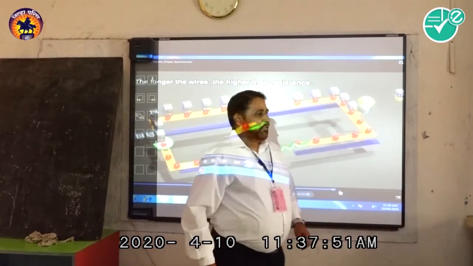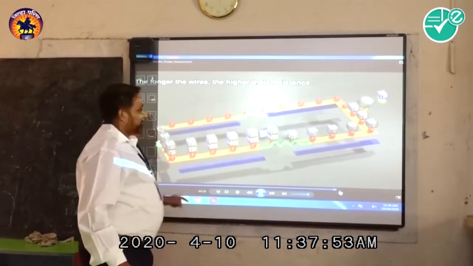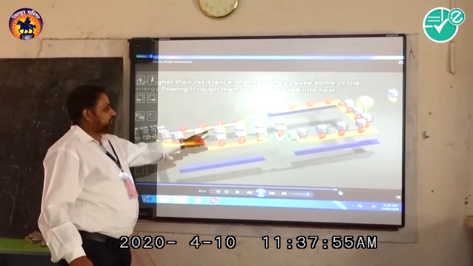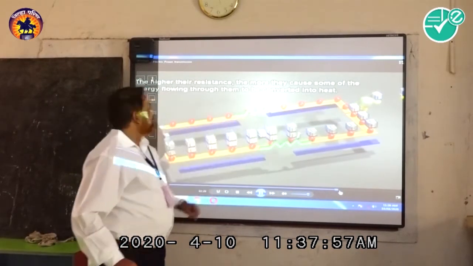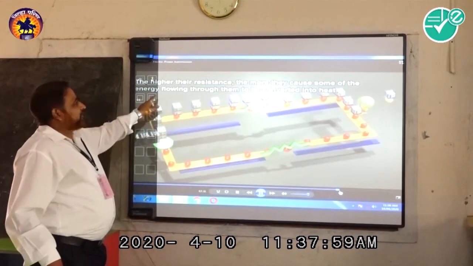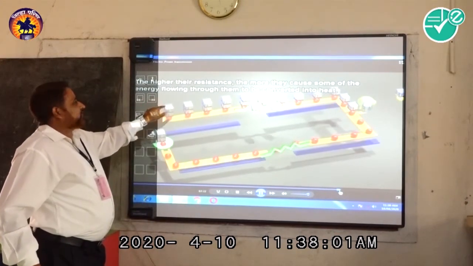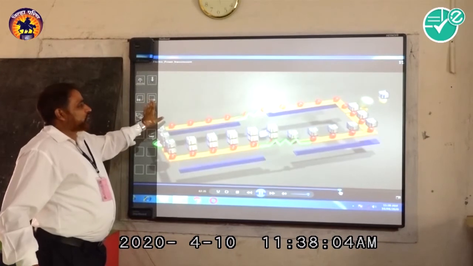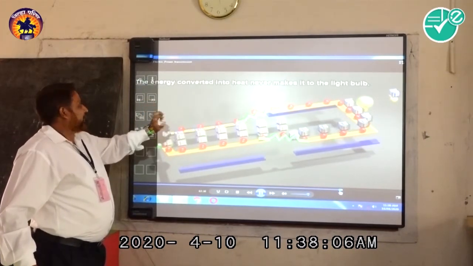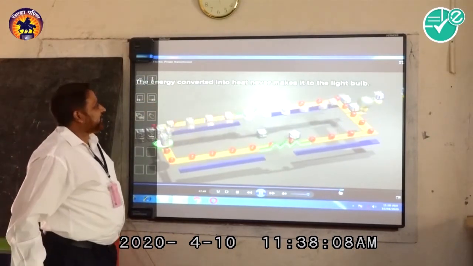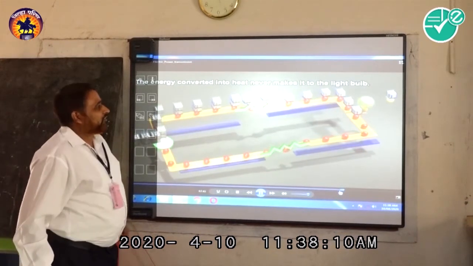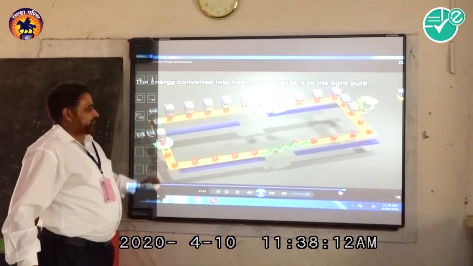The longer the wire, the higher the resistance. That is the practical situation shown here. This is the resistance. The longer the wire, the more resistance causes some energy flowing through the line to be converted into heat, and that energy never makes it to the light.